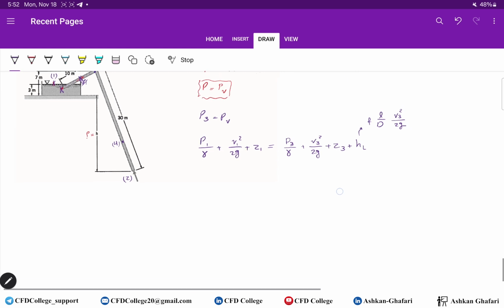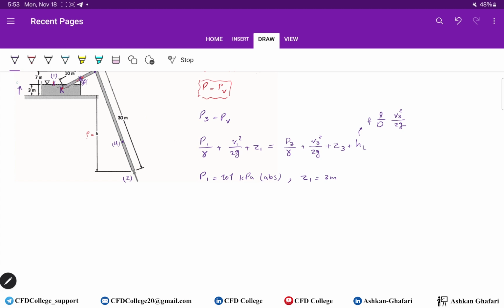Okay, what do we know? At point 1, we have a free surface. Usually you say that pressure is 0, but here we are working on cavitation. So pressure should be in absolute value. So P1 equals 101 kilopascal absolute. As you know, Z1 is 3 meters.